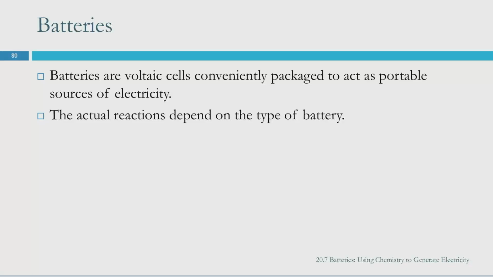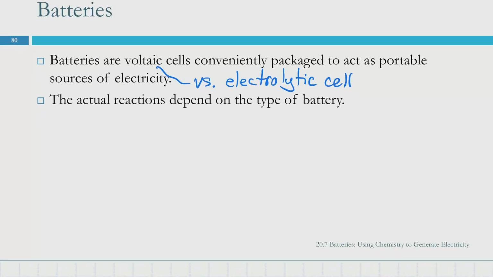Electrolytic cell. The electrolytic cell is the one that's not spontaneous. Voltaic cells are spontaneous.